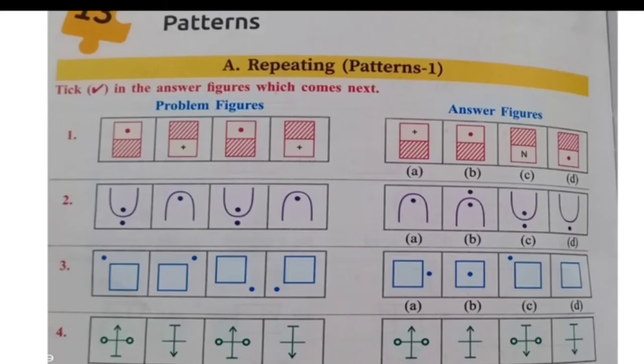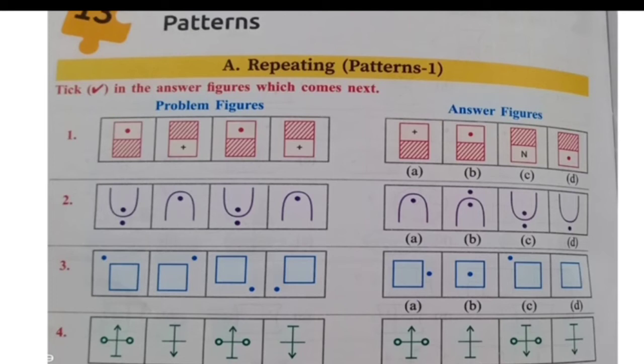A option will be wrong because as per pattern, as per problem figure, it is not suitable. B option will be the correct figure as per pattern: dot, plus, then again dot, and it should be upside. So B answer will be correct.